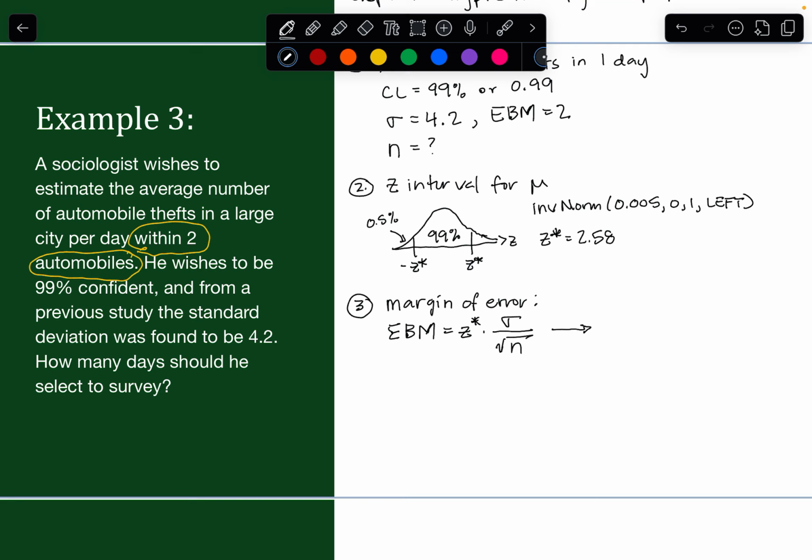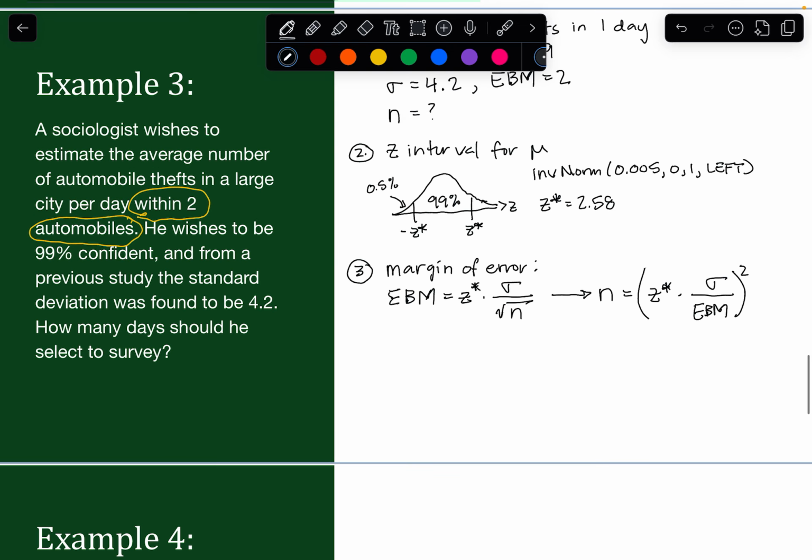If we solve this for n, doing some algebra, first I need to get n to the left and EBM to the right, so they change places. I end up with Z star times sigma over EBM. And then I have to undo that square root on the n, and I do undo square roots by squaring, so this whole thing is going to be squared.